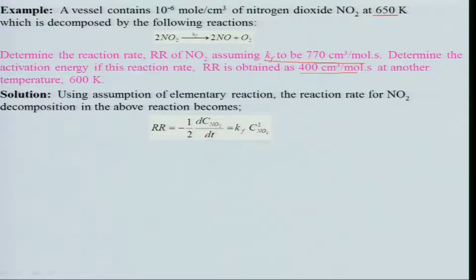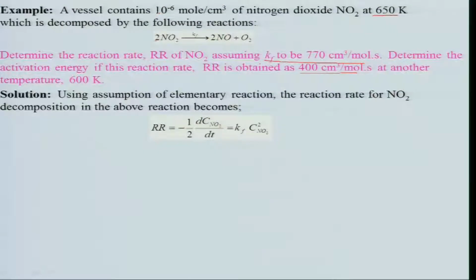Of course, the minus sign is there because it is being decomposed, and half of course I have taken because 2NO2 is participating, which is equal to Kf, that is the reaction rate coefficient, and CNO2 square, right. Why does this square come into the picture? Because the coefficient in this reaction is 2, and it is an elementary reaction. So that is the stoichiometric coefficient, right. Therefore, it comes as a square.